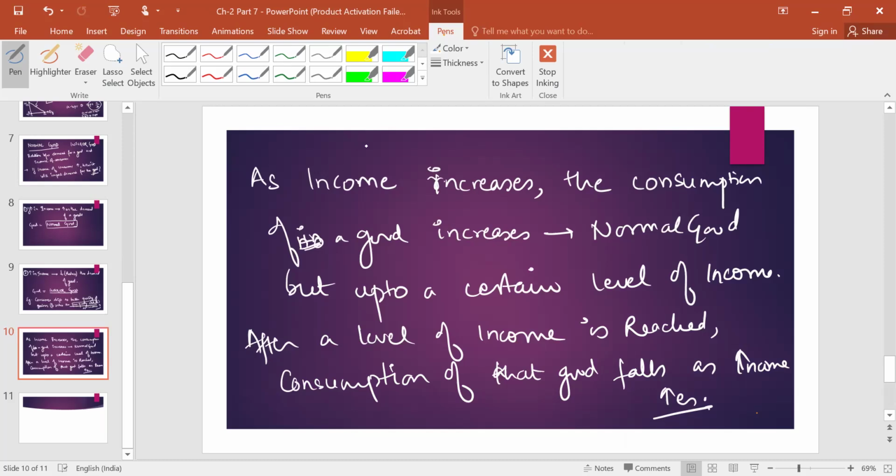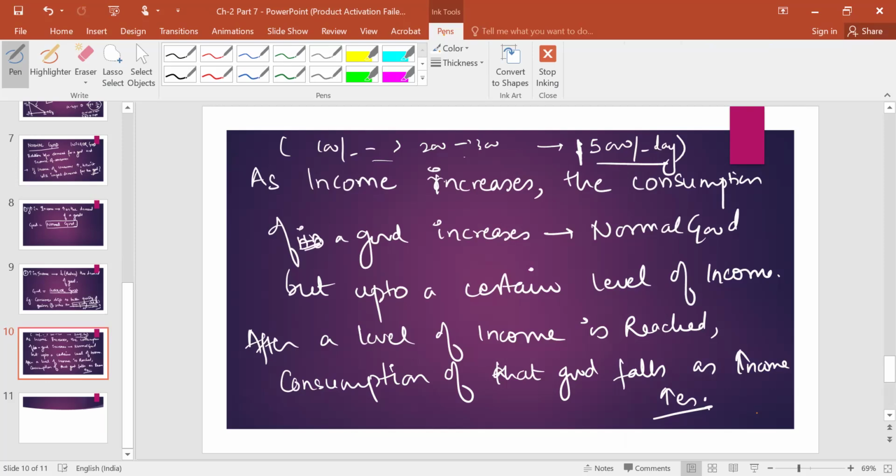Let's say a person earlier was earning an income of like 100 rupees a day, and then the income increases to 200, 300. The consumer would keep on increasing the consumption of a good, let's say a low quality cereal. However, as the income increases to, let's say, 5,000 rupees per day, right?